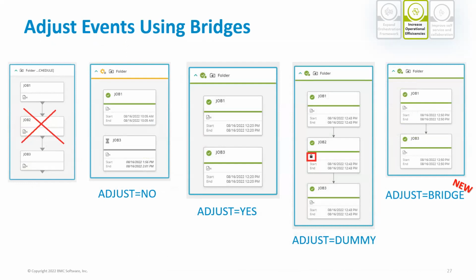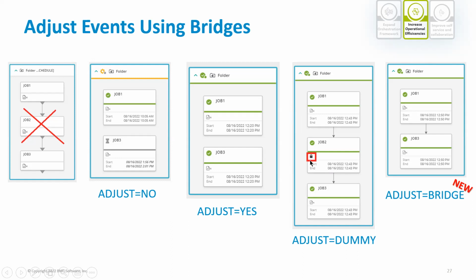The next thing is adjust bridge. This provides a way of enhancing the monitoring view of Control-M. Earlier, if a job is available in a workflow but is scheduled for a month end, or let's suppose on a weekly basis, when it is executed, it is shown as dummy.